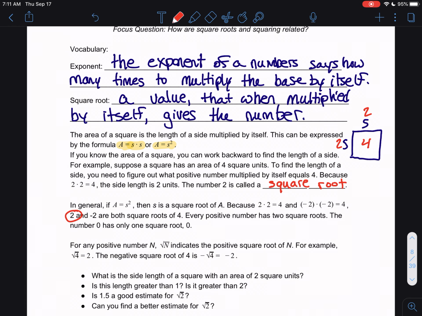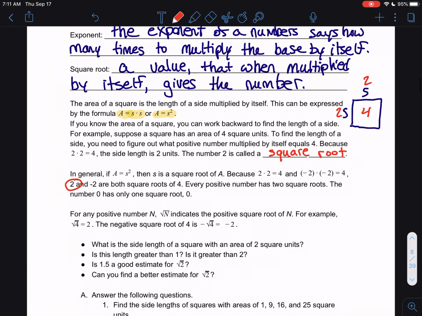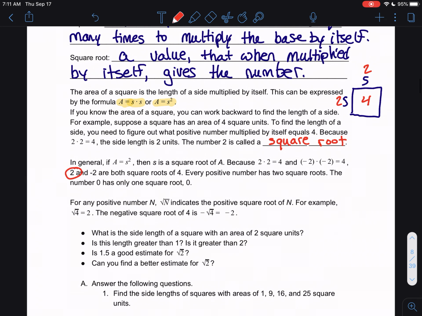Okay, so here's like the algebra talk of it. For any positive number, the square root of n, so this symbol right here means the square root. Let me draw it as well. So it's like a division sign, but it has like a tail in the front.